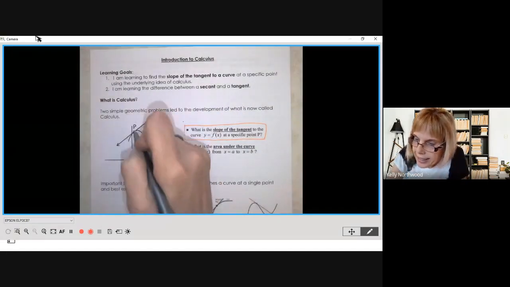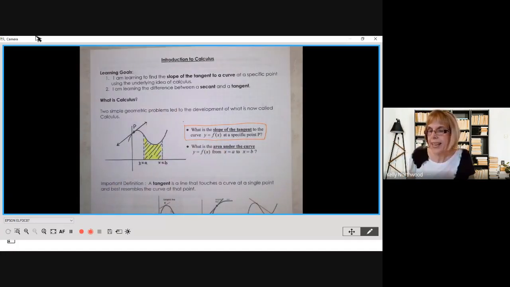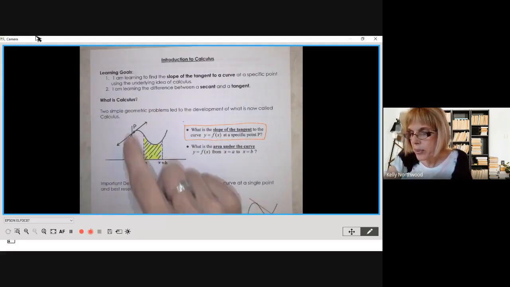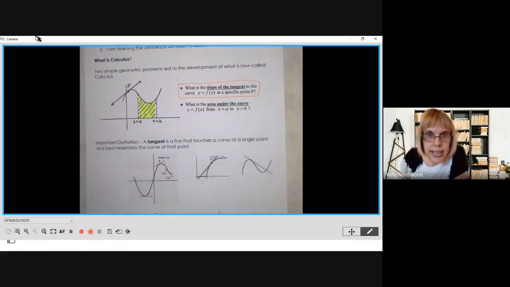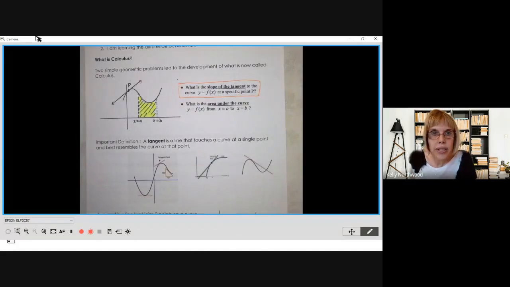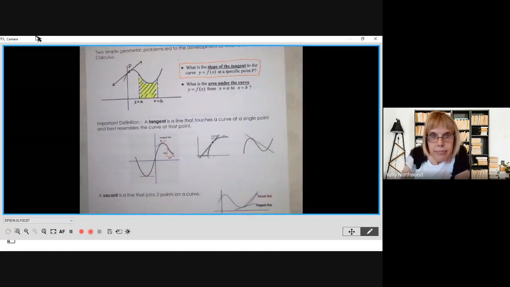I call it like kissing it, like just kissing it and off. And it best resembles the slope of the curve at that point. If you've done physics, you've seen tangents before. So here's our important definition. A tangent is a line that touches a curve at a single point and then best resembles the curve at that point. So I got some pictures off of Google Images that show tangents.